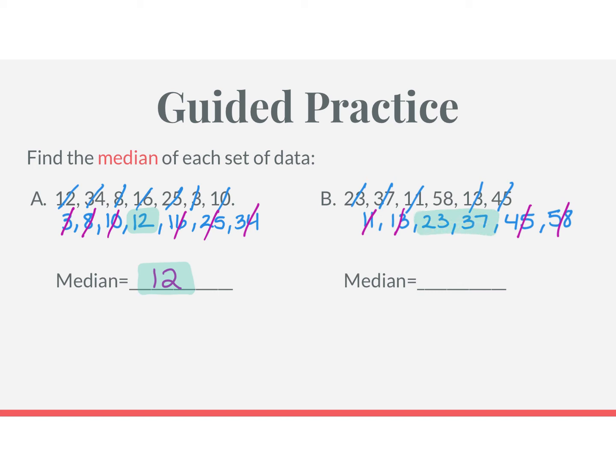I will need to add these together and divide by 2 to find the mean. 23 plus 37 is 60. We divide 60 by 2 and we get 30. So our median for this data set is 30.